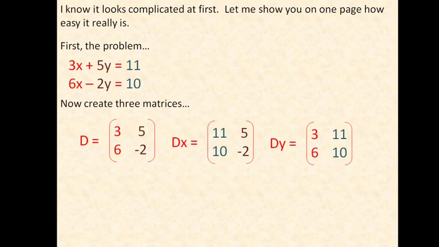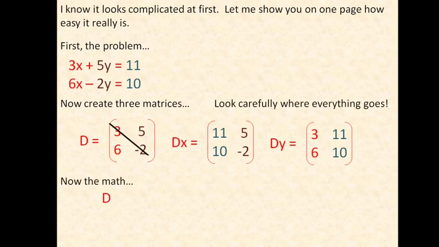Now for D, same procedure, cross multiply. 3 and minus 2 will multiply together, 5 and 6 will multiply together. When you simplify this, you will get minus 36. Now it's time to find out the value of dx.